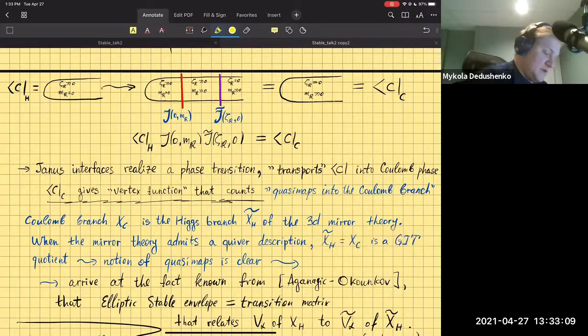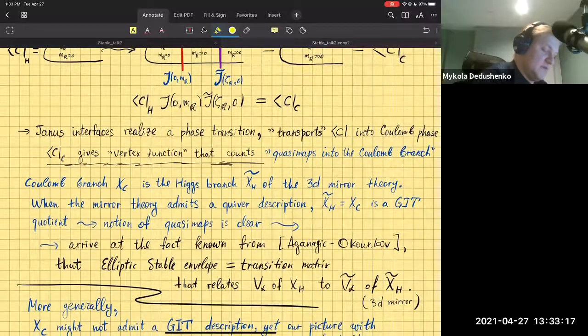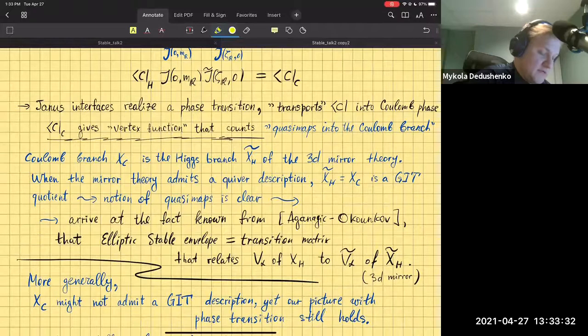And then the notion of quasi-maps is clear in this case. And we arrive at the fact from Aganagic-Okounkov that these elliptic stable envelopes give you a transition matrix that relates vertex functions of the Higgs branch of your original theory and of your mirror theory.